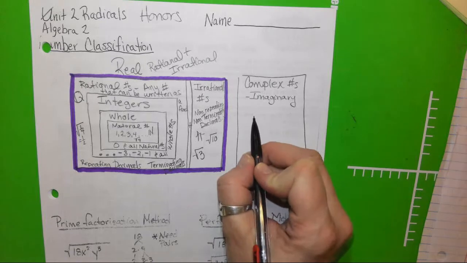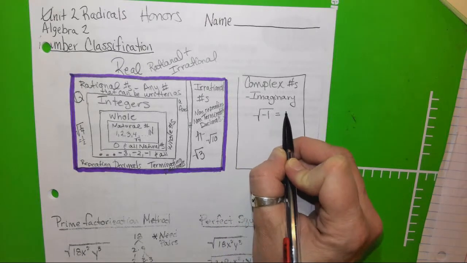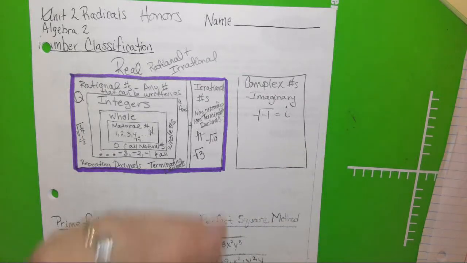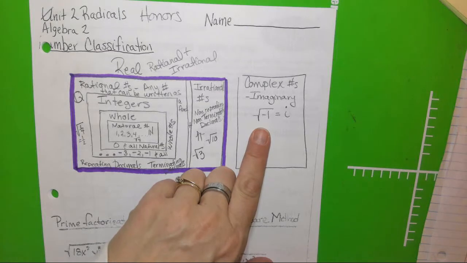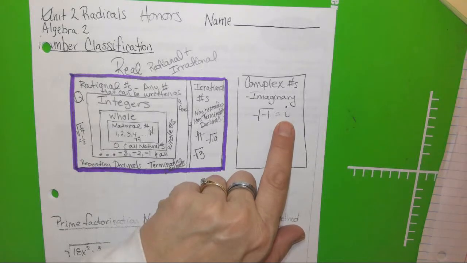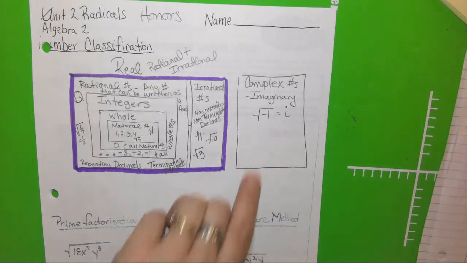That is an imaginary number. So square root of -1 is equal to i. i has a very special value. It's equal to the square root of -1 all the time. So when you make your i, it needs to be striped. It needs to have a tail that kind of flips to the right. That makes it look different than just a variable.